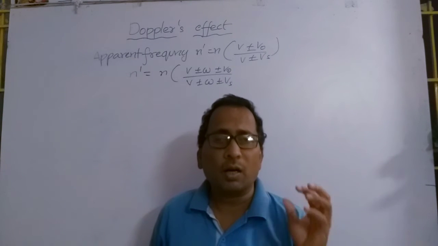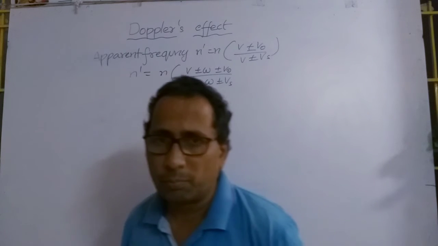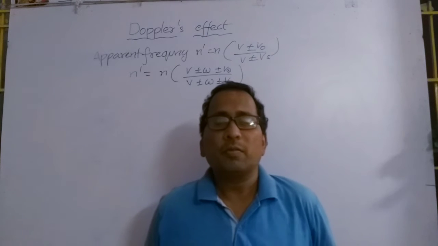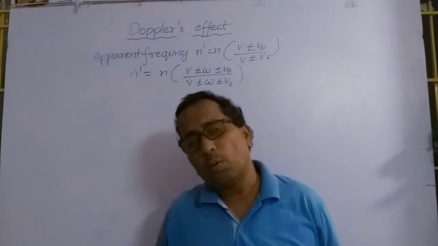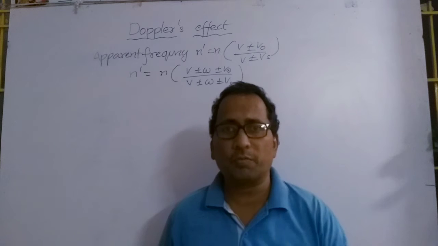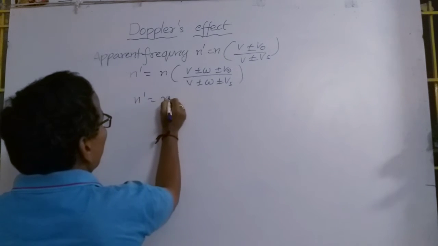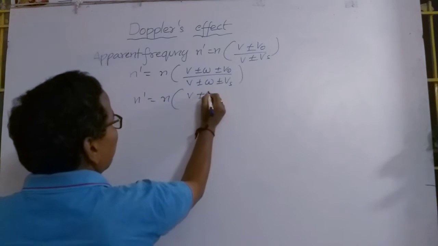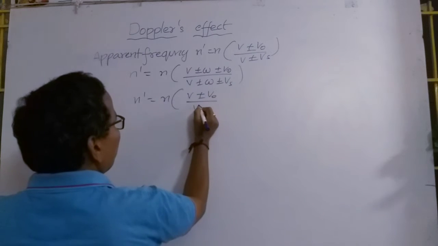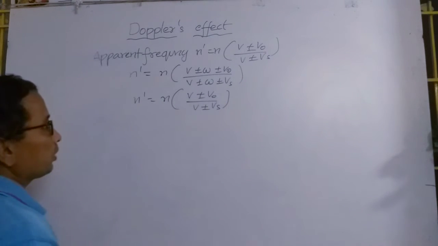That means the medium is not considered, that means wind is not considered. So by ignoring the wind velocity, we write only the first formula, that is n dash is equal to n into (v plus or minus v naught) by (v plus or minus vs).